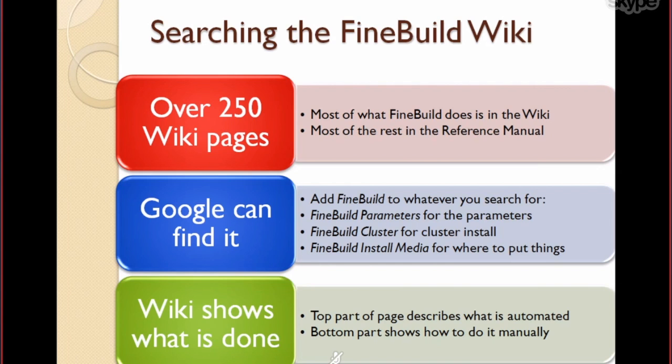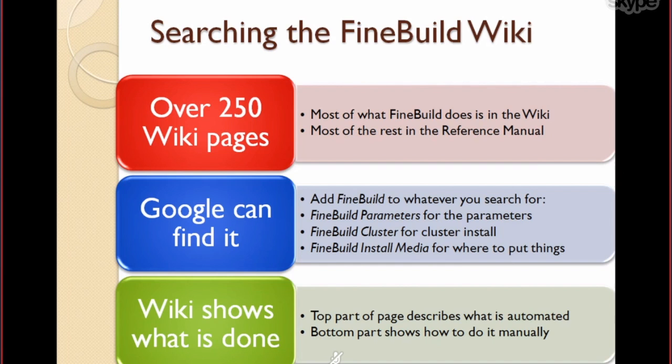So you've got lots of stuff in the wiki. Google can find it all. So if you want to find something to do with FineBuild, just add the word FineBuild to your Google search. So FineBuild parameters will find you information about, as you might guess, the SQL parameters. If you want to do a cluster install, FineBuild cluster will take you to pages that tell you a bit more about that.